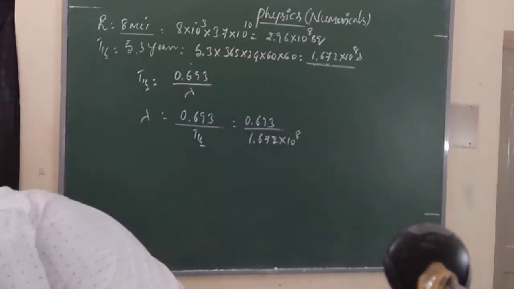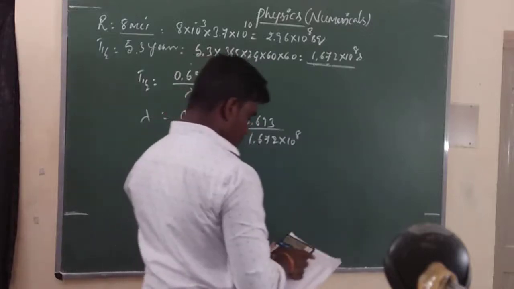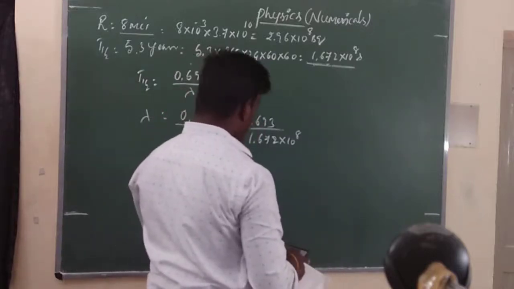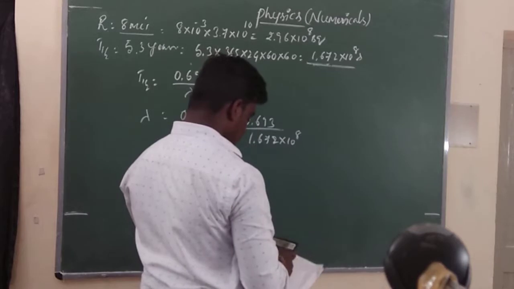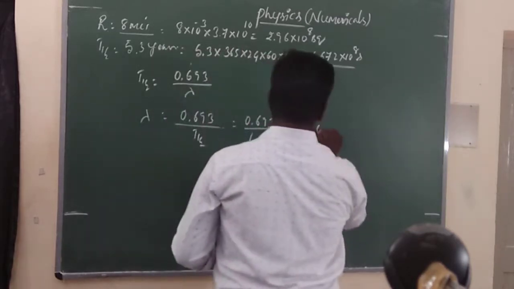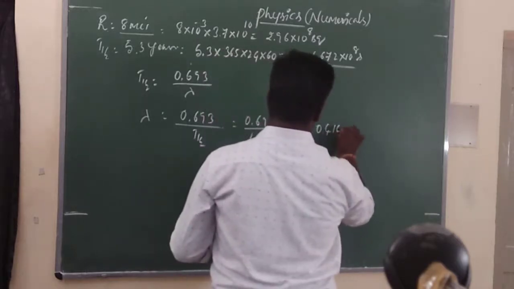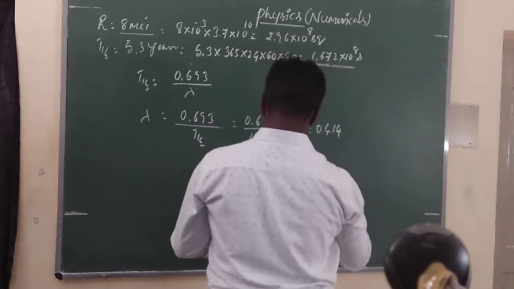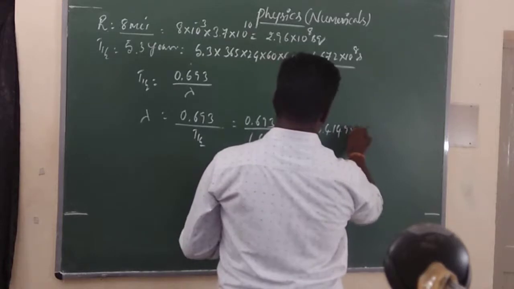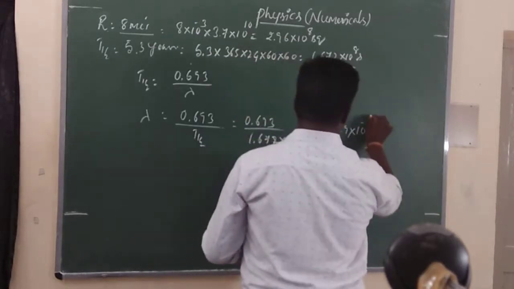Simplifying, we get 0.4149 into 10 to the power of minus 8.